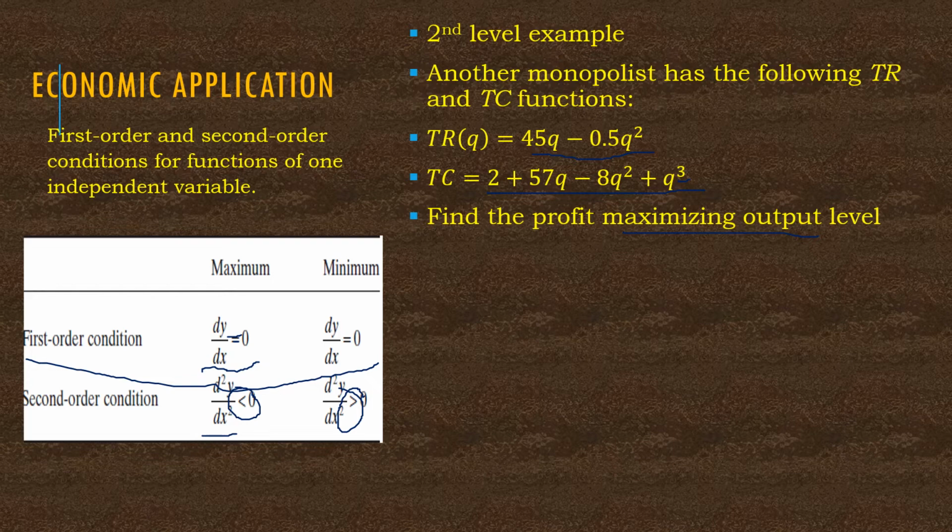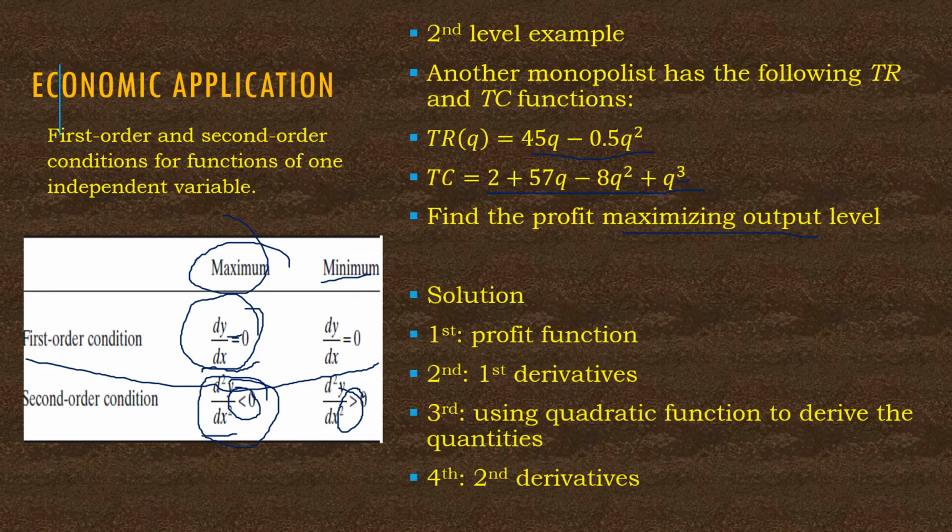So, nevertheless, we have to find the maximum. Hindi na natin papakialaman si minimum. So, always equate it to 0 to determine if that is maximum. Next is to check the second order condition. Okay? So, the solution is, of course, first, determine the profit function. Second is the derivative function, derive the first derivative.